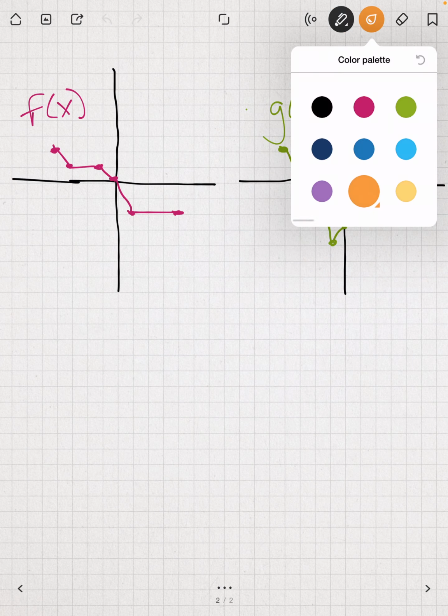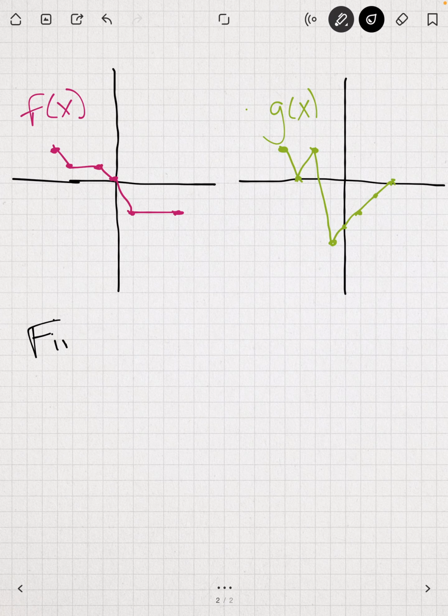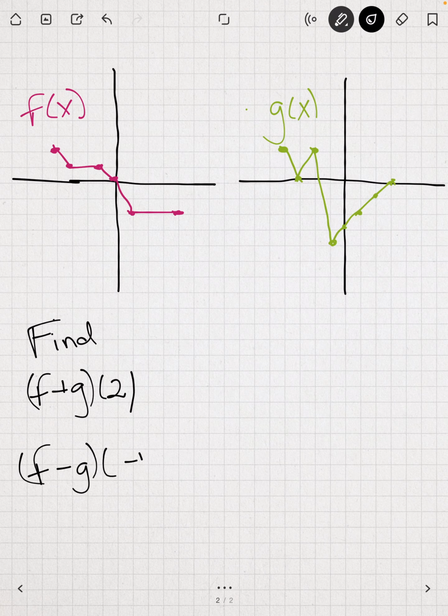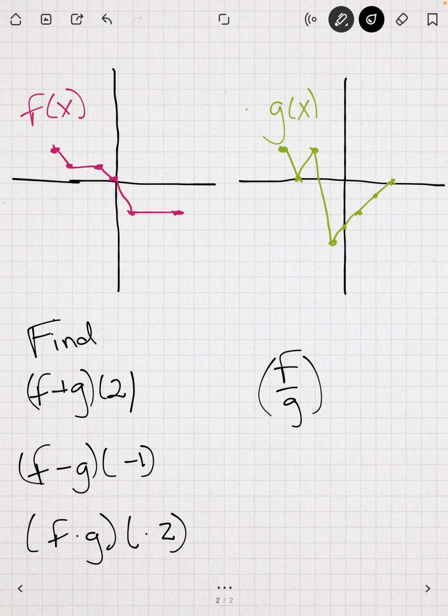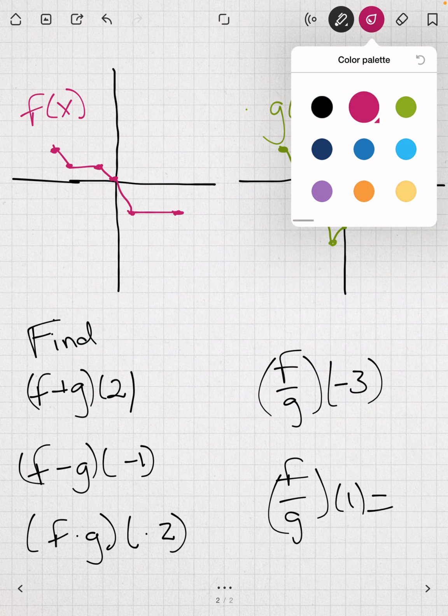The directions I'll give for this are: find f plus g of x at 2, f minus g at negative 1, f times g at negative 2, f over g at negative 3, and f over g at 1.